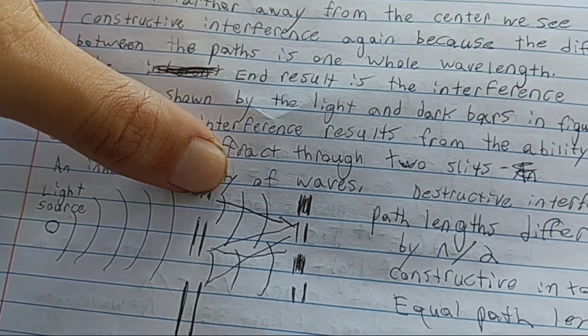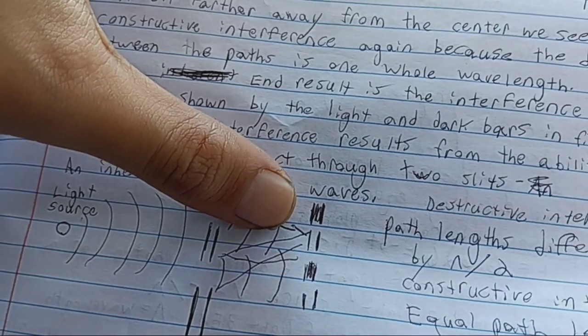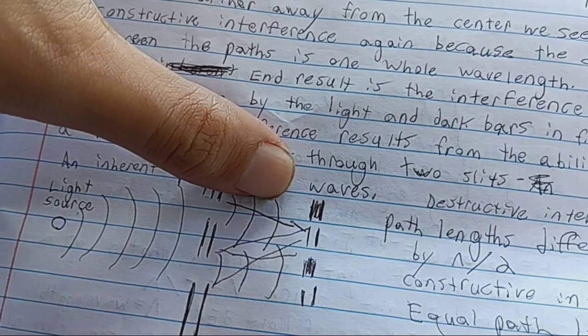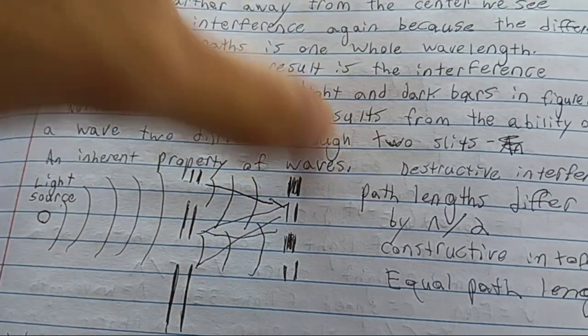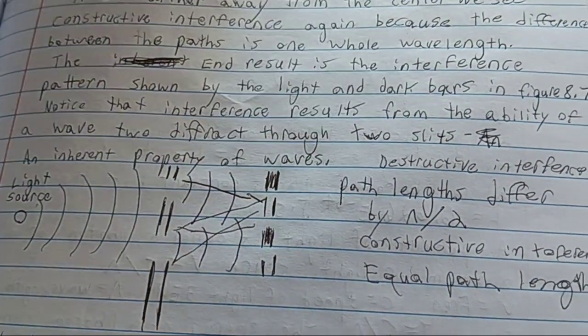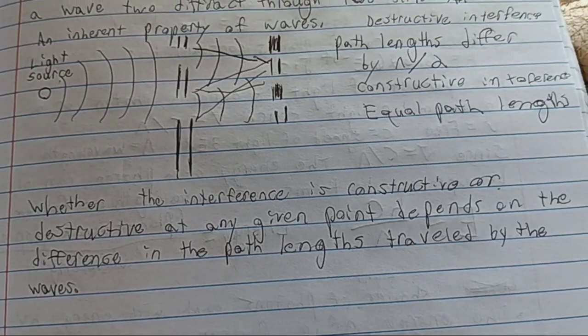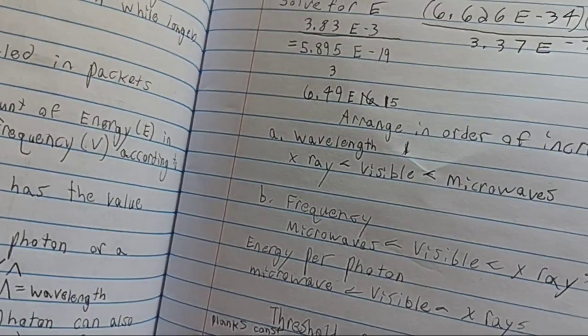If they collide in phase, it'll make a bright light. But if they're out of phase, it would make a dark spot. It depends on the distance traveled whether they're in phase or out of phase. That's a property of light.